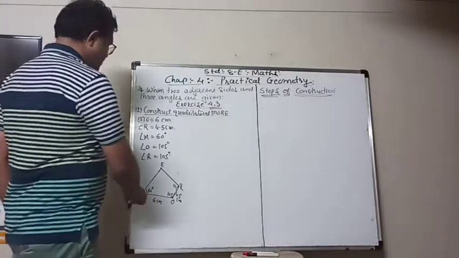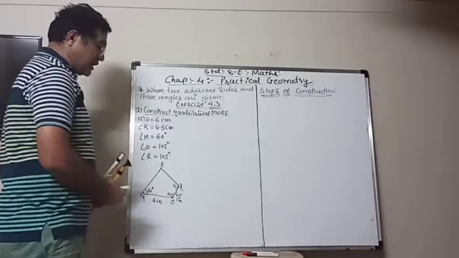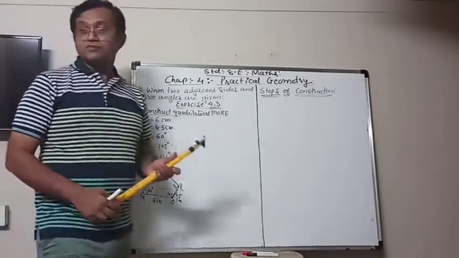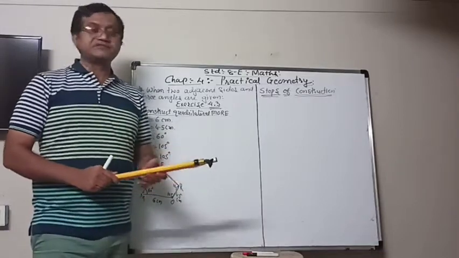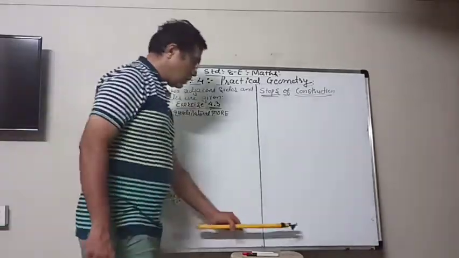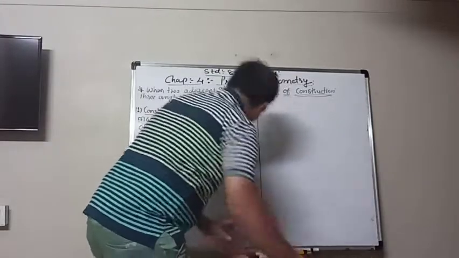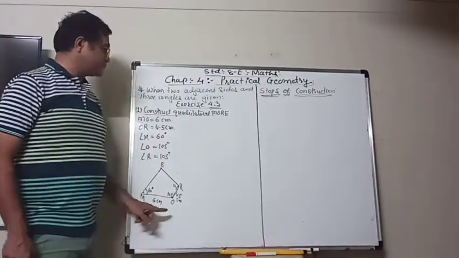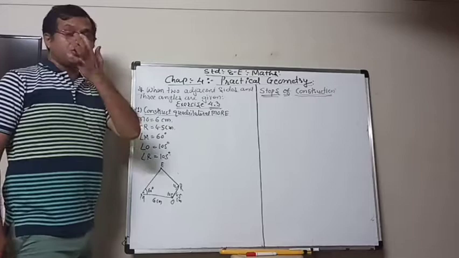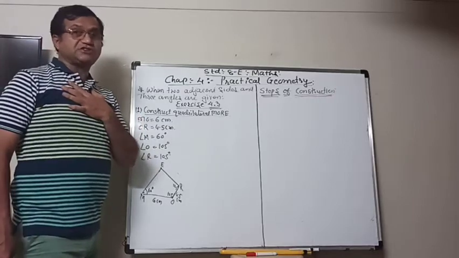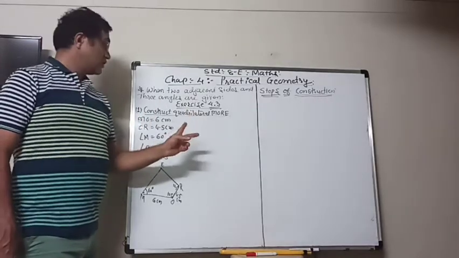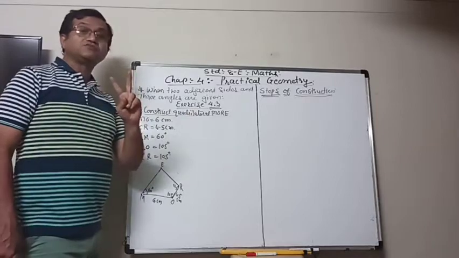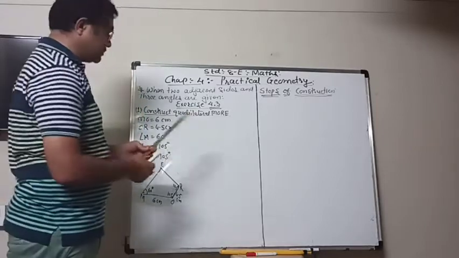So now first of all we have to draw a line segment MO of 6 centimeter. You know that for me it is not 6 centimeter, for you it is 6 centimeter. So I will take 4 times, that means 24 centimeter.